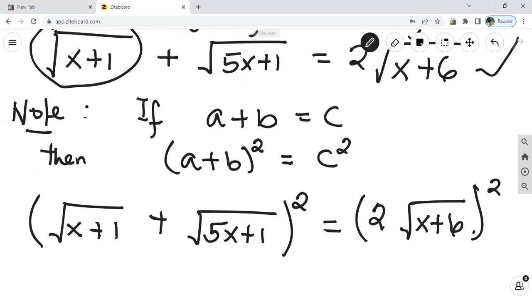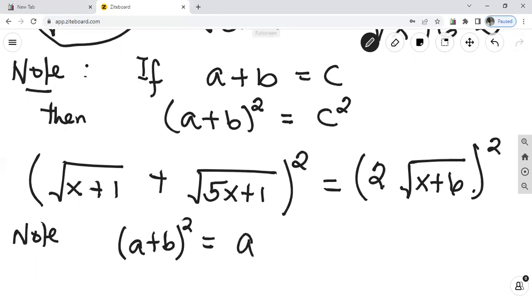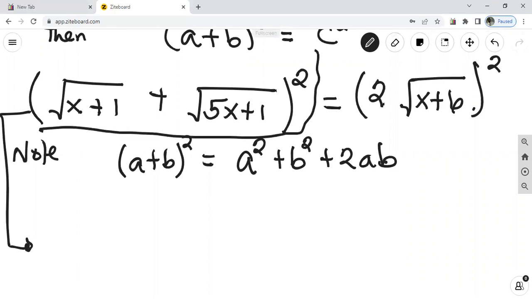Okay, now we also want to note that you can expand the square of this sum. And if you expand the square of the sum, you get a squared plus b squared plus 2ab. With that information, this expression here can be expanded.